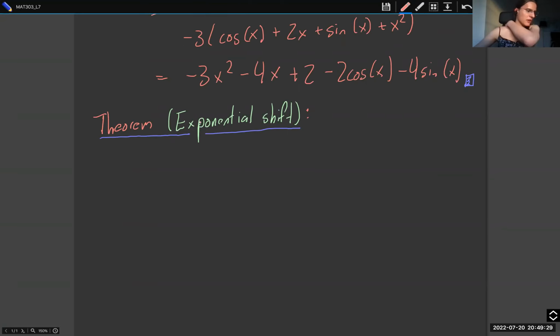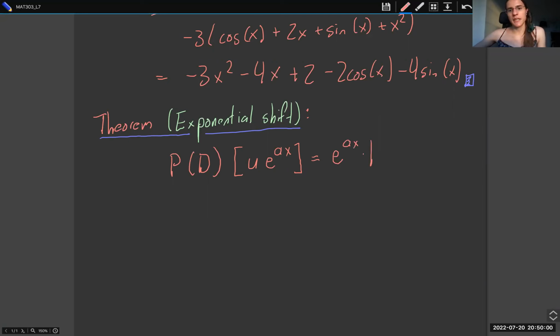And what the exponential shift theorem says is that if you have a polynomial differential operator, so P of D, and you are applying it to some function u times e to the ax, then what this is equal to is we're going to consider the differential operator e to the ax times P of D plus a.